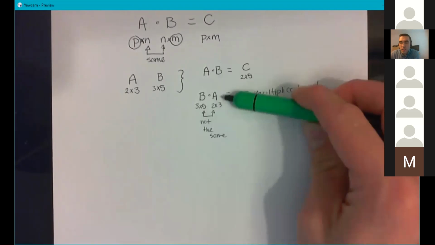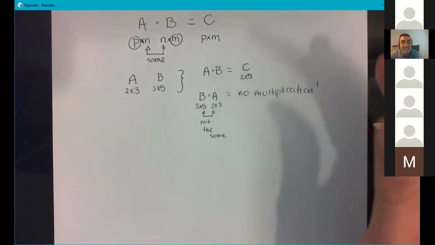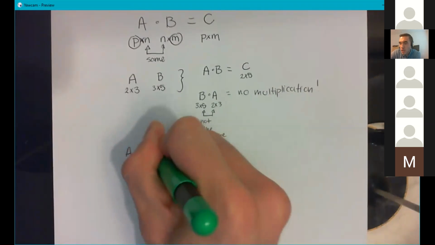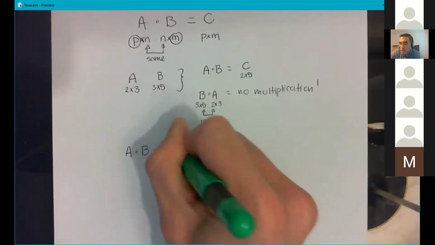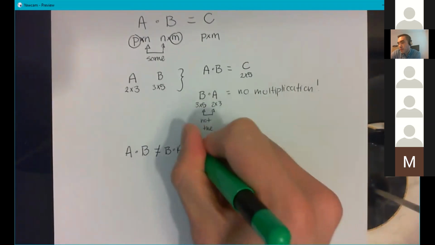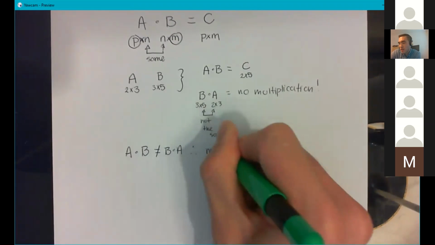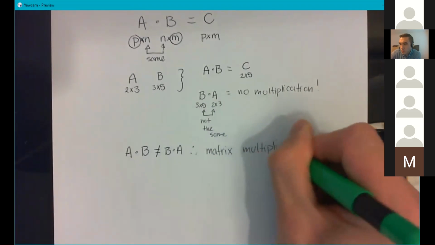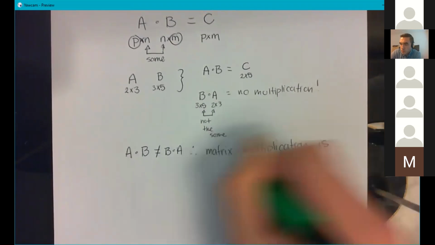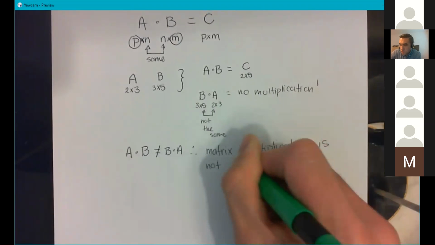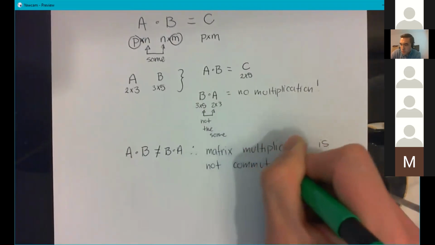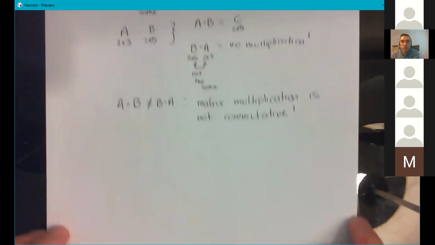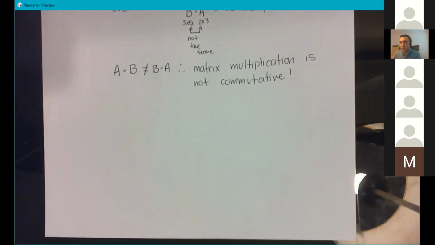But this right here is telling us that A times B is not necessarily equal to B times A, which is the same as saying that matrix multiplication is not commutative. Matrix multiplication is not commutative.